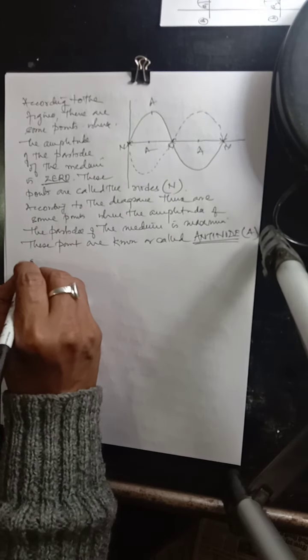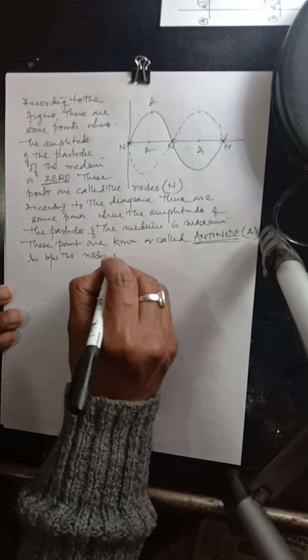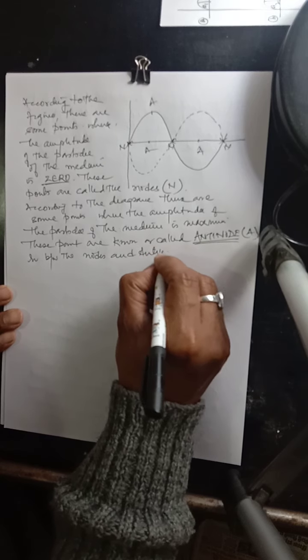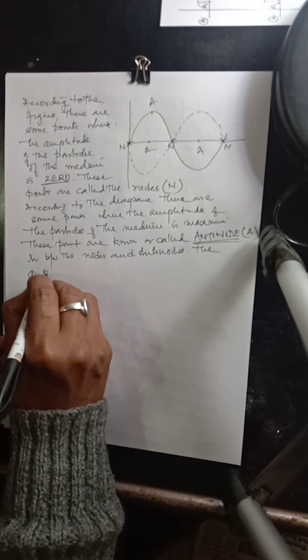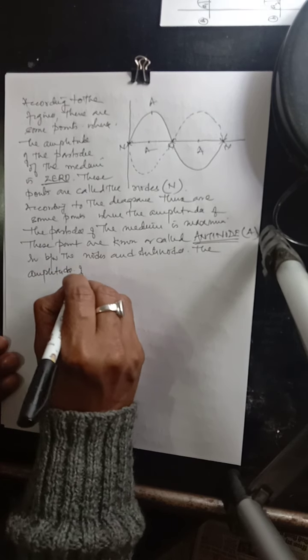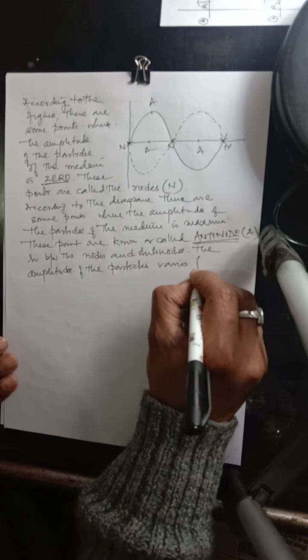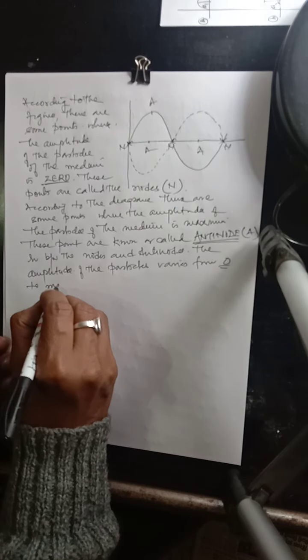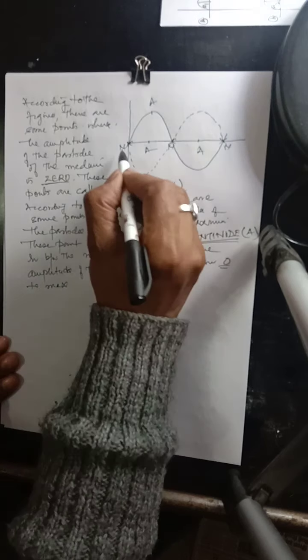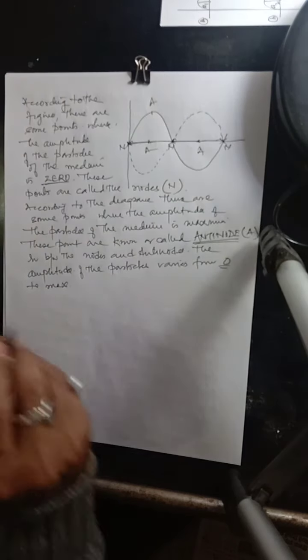So what about in between nodes and antinodes? We can write, in between the nodes and antinodes, the amplitude of the particle varies from 0 to maximum. From 0 to maximum, from maximum to 0, 0 to maximum, maximum to 0.